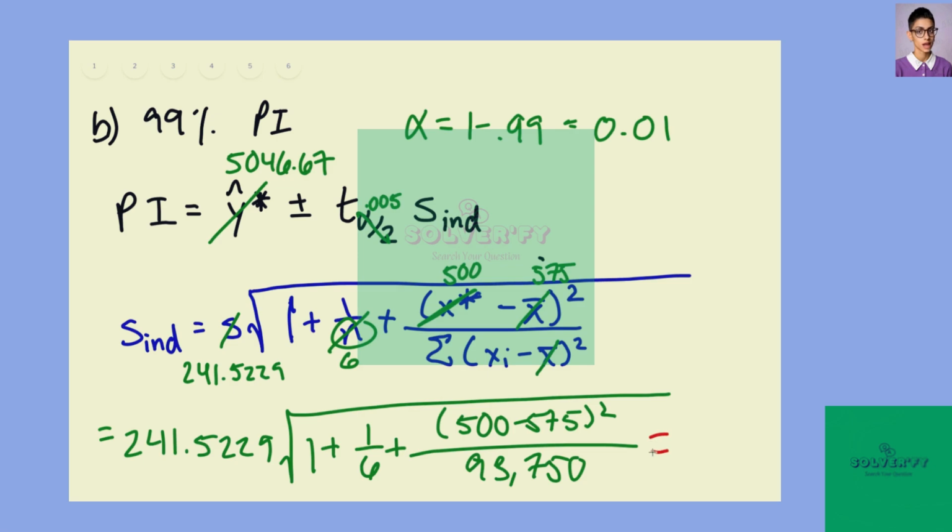Finally, we come up with a standard deviation of the individual value of approximately 267.5. Now we just have to plug that into this formula after we find our t value.